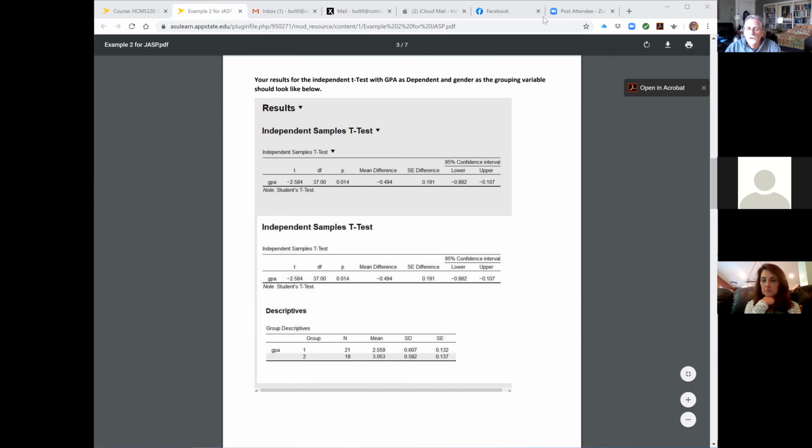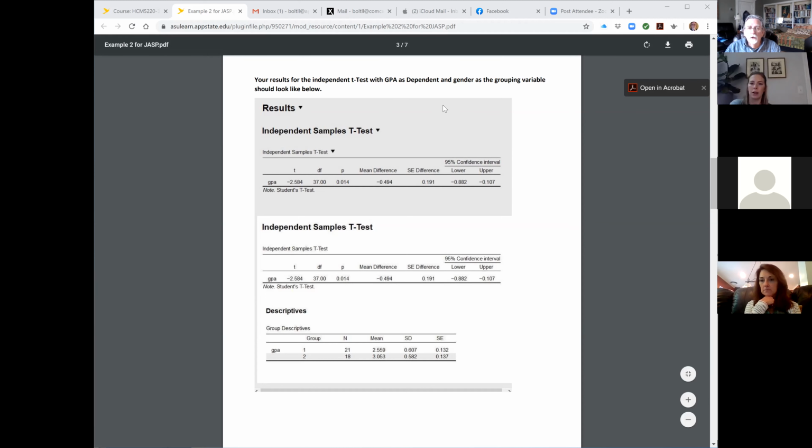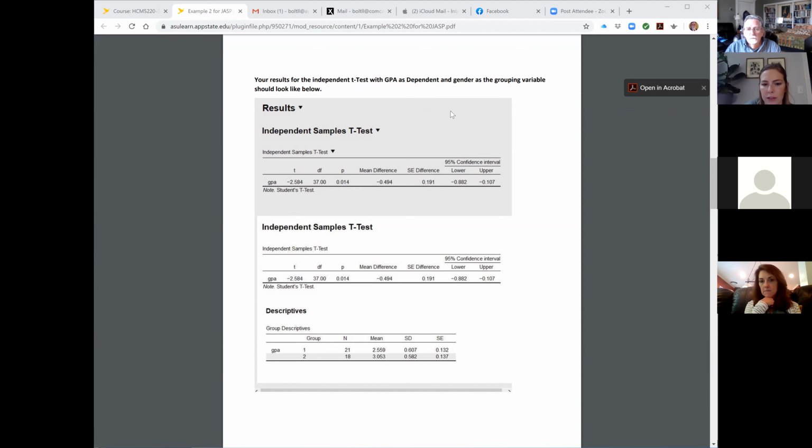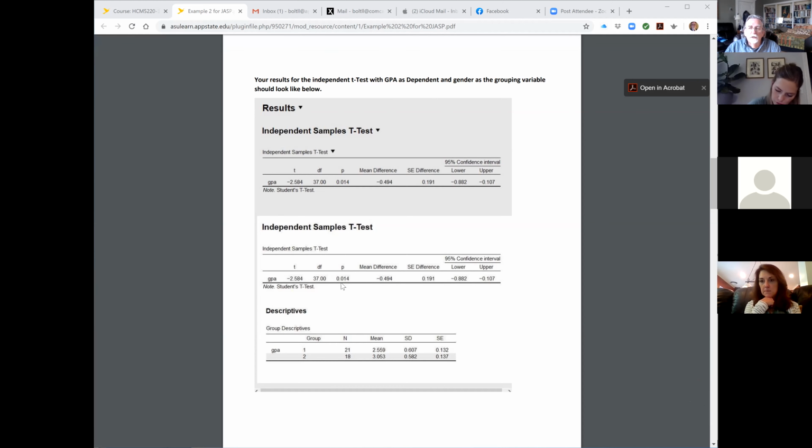Any questions about that? I have a question. Sure, go ahead. So we could tell that they were significantly different because of that p-value. Is that right? Yeah. It's always either the p-value or the sig level. Some routines will say significance and they'll shorten it to sig.